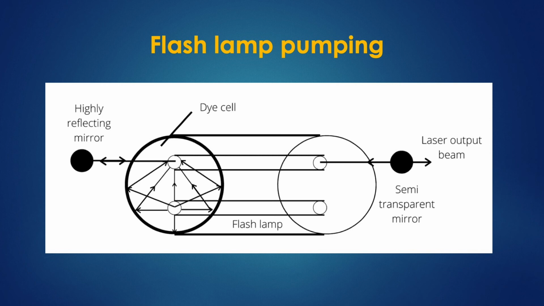Just imagine the same ruby rod setup: remove the rod, and put in a tube made of quartz in which you can keep the dye solution. Then, using the same kind of flash lamp, you can produce population inversion in this dye solution media.